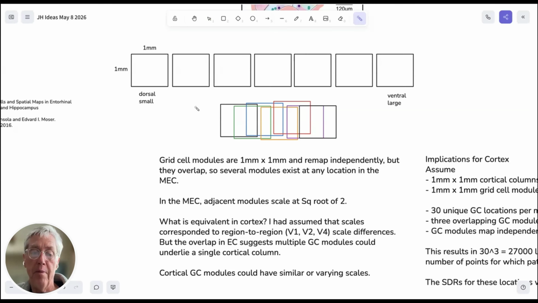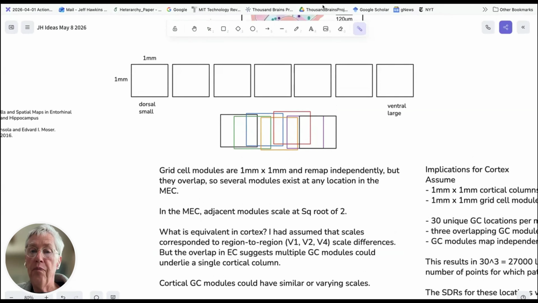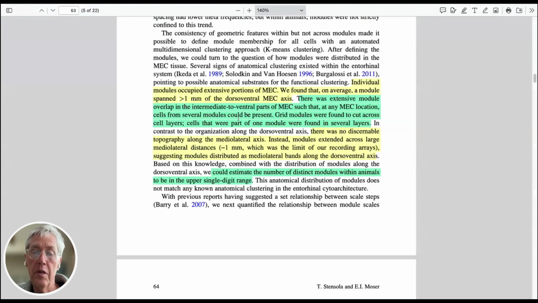Literally, I ran across this paper yesterday as I was stopping the work, and so I haven't read it carefully. But the language I just read you says there's extensive overlap. So that would mean if I put my probe down through the surface, I would run across cells of different scales. They were found to exist across cell layers.